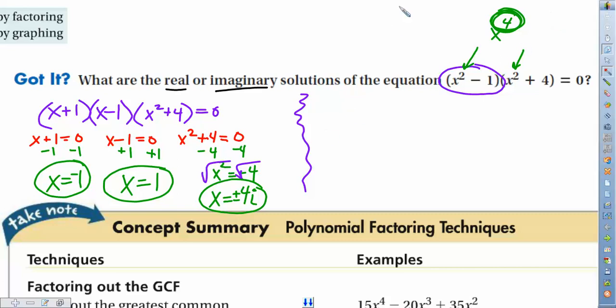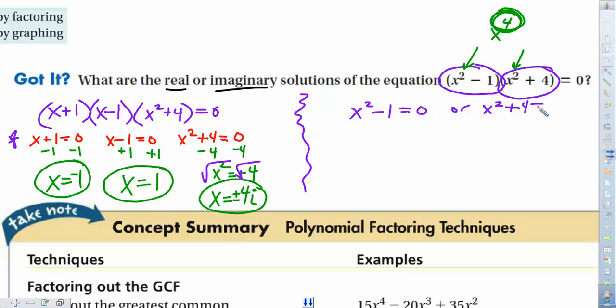Now, the reason why I put a break right here is that I could see another way of solving this problem. Couldn't you really solve this problem just using the zero product property right now? We used it right here after we factored the difference of two squares. We could have done it right here too, right? We could have said x squared minus 1 could be 0, or x squared plus 4 equals 0, and then solved, just remembering how we solved this one algebraically by subtracting 4, ending up with x squared equals negative 4, and then ultimately ending up with positive and negative 2i.